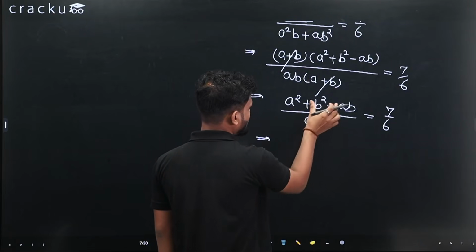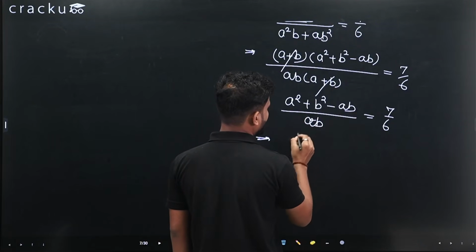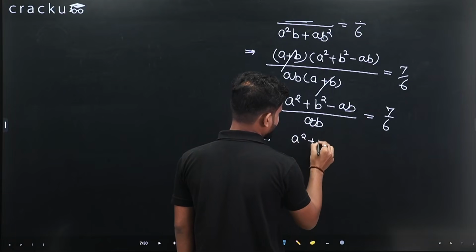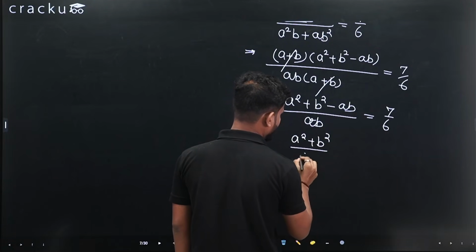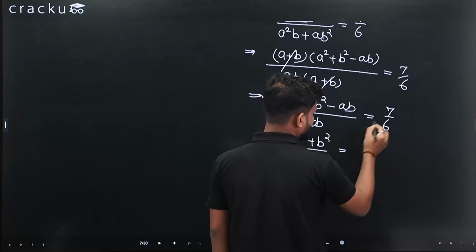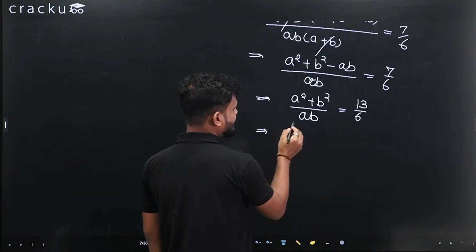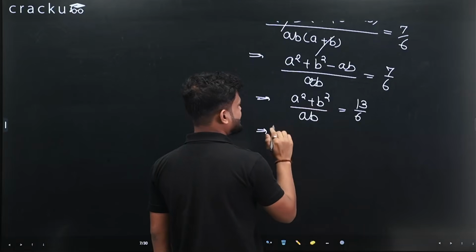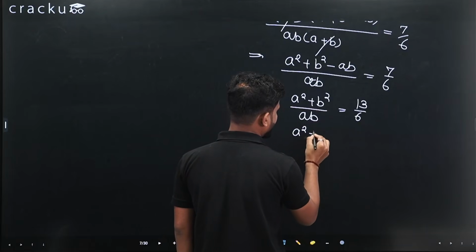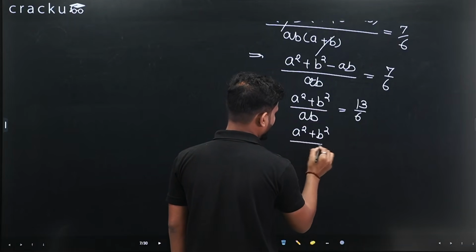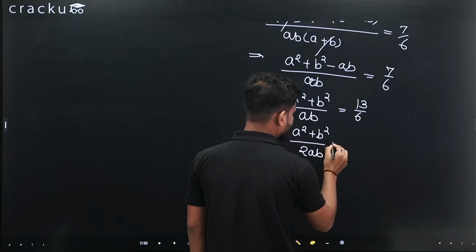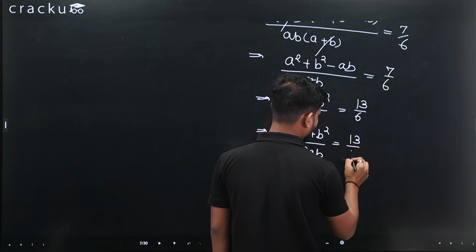So by componendo, numerator plus denominator, it will be what? It will be a square plus b square upon ab is equal to 7 plus 6, which is 13 by 6. Now multiply both sides by 1 by 2. From here you get a square plus b square upon 2ab is equal to 13 by 12.